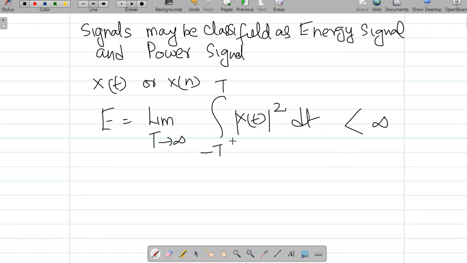Then in that case I can say it is an energy signal. This is in the case of continuous time, where T is the period of the signal.